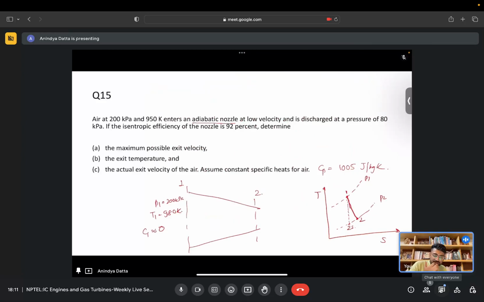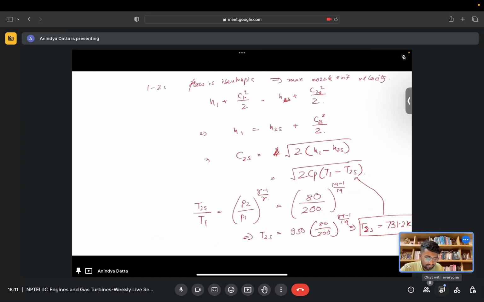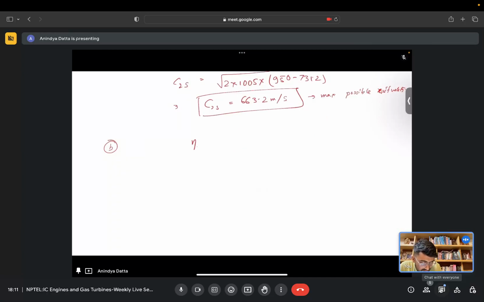This time it is the actual exit temperature. So now we will use the definition of nozzle isentropic efficiency. What is the definition? Actual rise in kinetic energy divided by isentropic rise in kinetic energy, right?